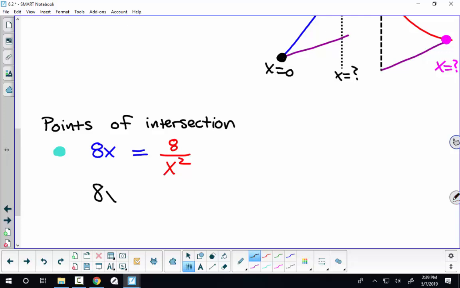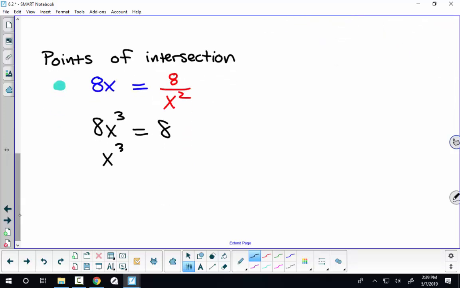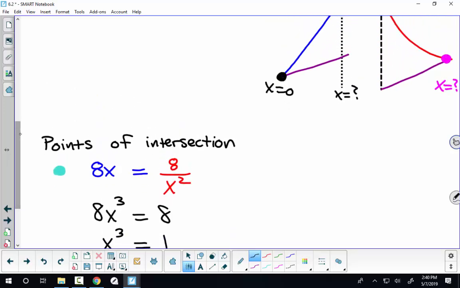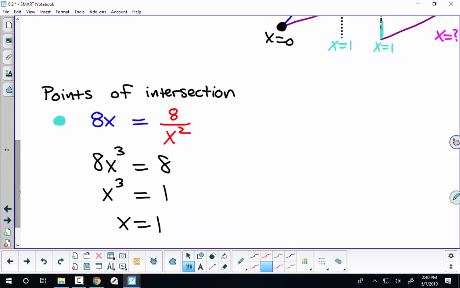We have 8x cubed equals 8. So that happens when x cubed is equal to 1, which happens when x is equal to 1. So we know that this value here occurs at x equal to 1. And this is the same line, so this is also x equal to 1 here. We just separated those two different regions. Okay. Is everybody all right with what we've done? Are there any questions?